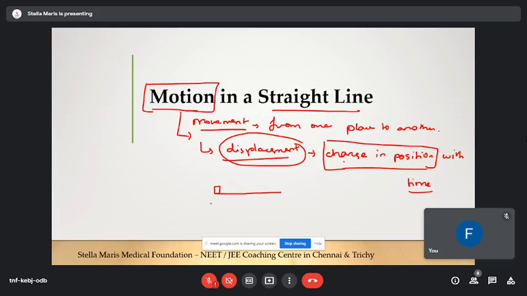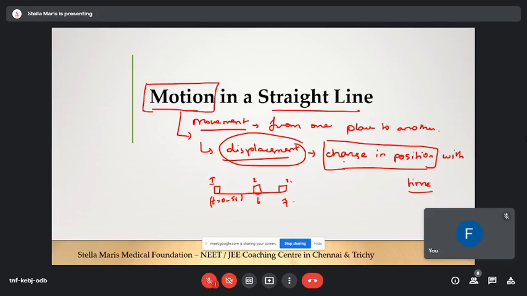So 0 to 5 seconds, the object is at rest. But at the 6th second, it moves from here to here, and at the 7th second, it moves from here to here. So what happens? It is in motion. So when it is in motion, what happens? There is a change in position with time. Very good.